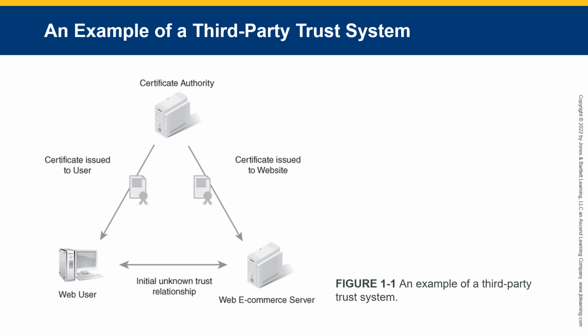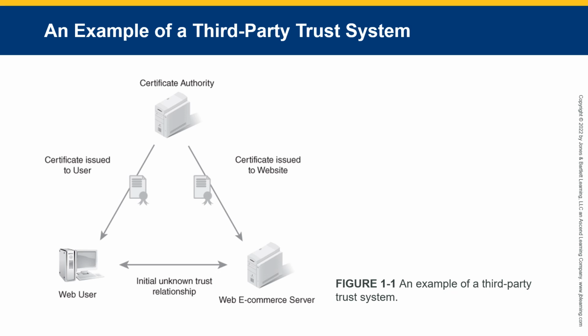As these are established, they can issue certificates to users or to websites, and they can be used to establish what's called a public key infrastructure communication style, in which they enable cryptographic measures to establish data integrity and data confidentiality as it travels between two systems that have no trust in each other.